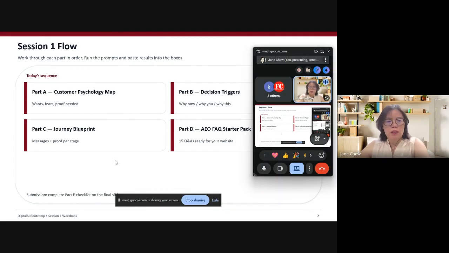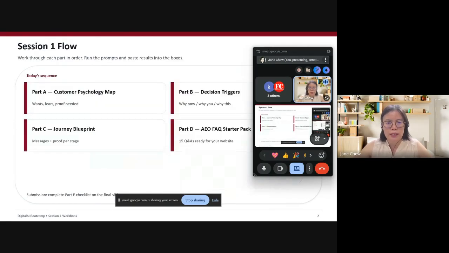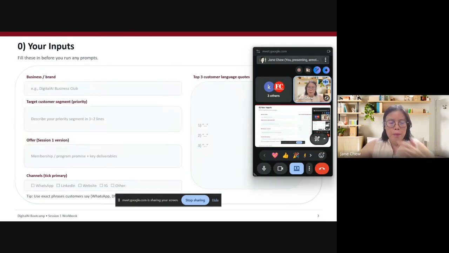So now I will give you an Excel, but this one is just an illustration of the workbook. I can also WhatsApp the workbook to you later. But I think for online, it is easier to capture all your input in the Google Sheet that I will send to you later.